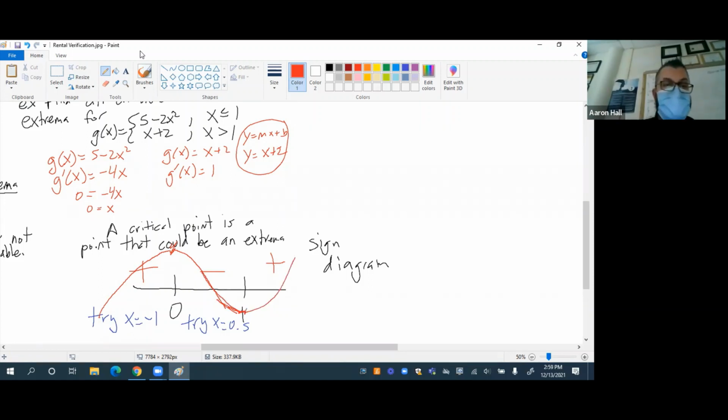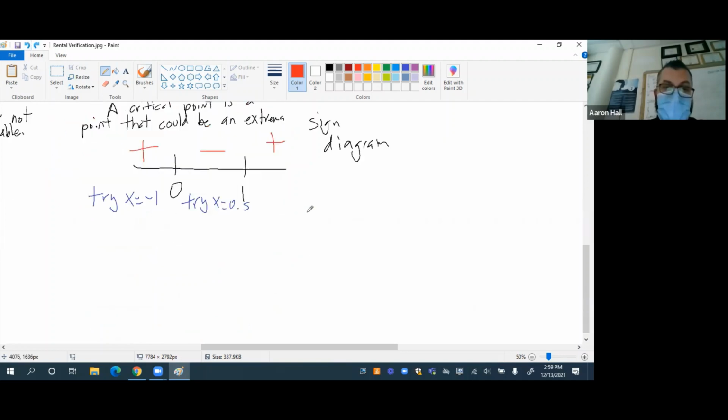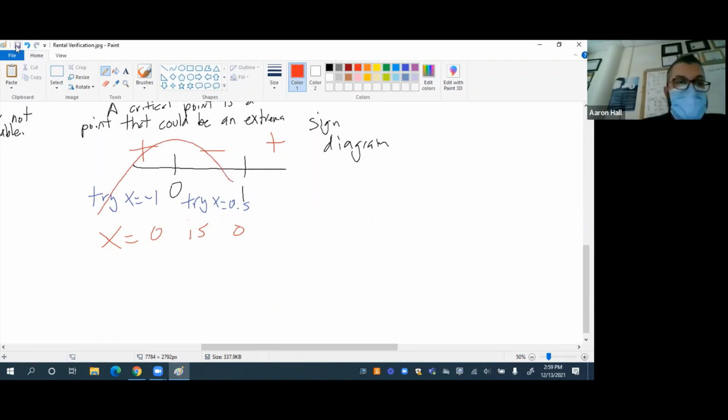That's a minimum. So x equals 0 is a max, and x equals 1 is a min.